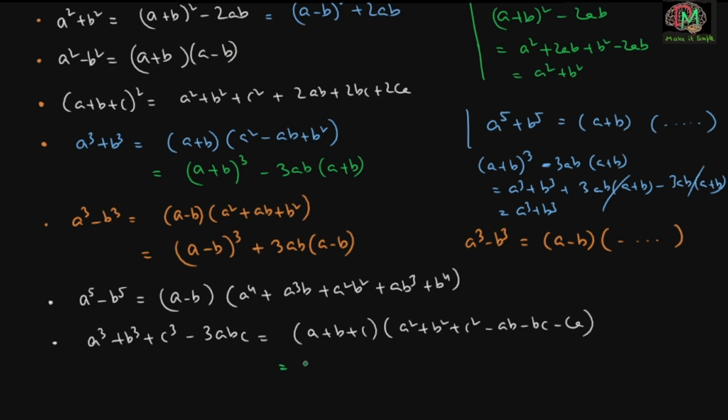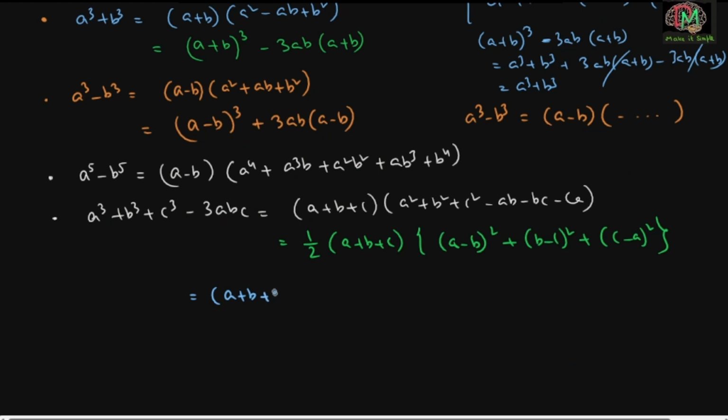Further, if we multiply this second factor by 2, we get (a plus b plus c)(2a square plus 2b square plus 2c square minus 2ab minus 2bc minus 2ca). And if we rearrange it, we get (a minus b) whole square plus (b minus c) whole square plus (c minus a) whole square.